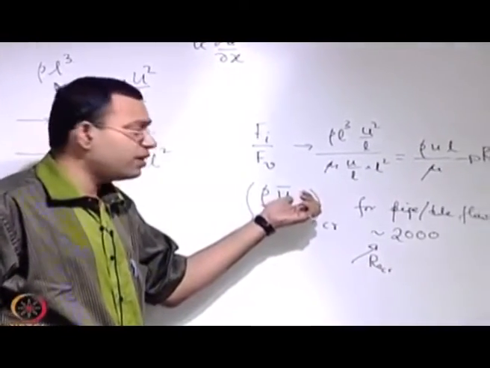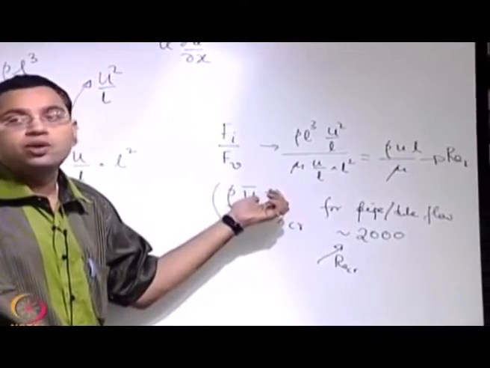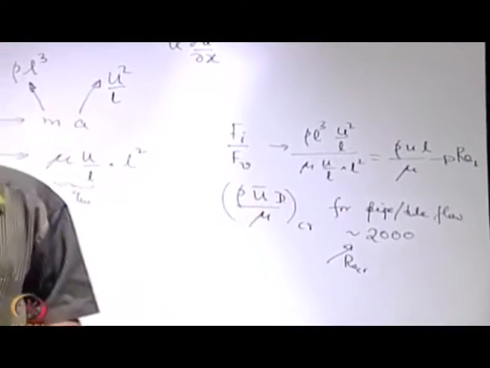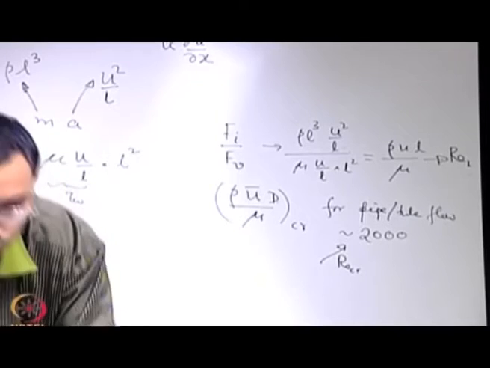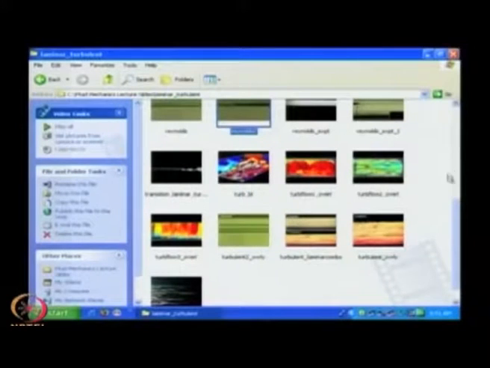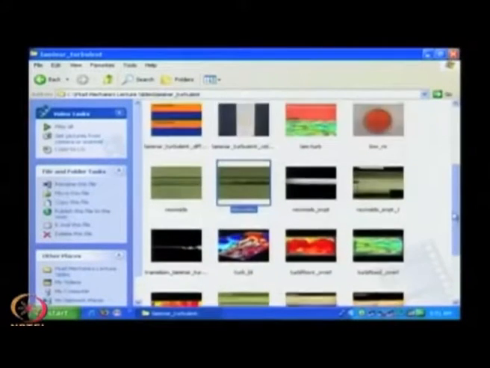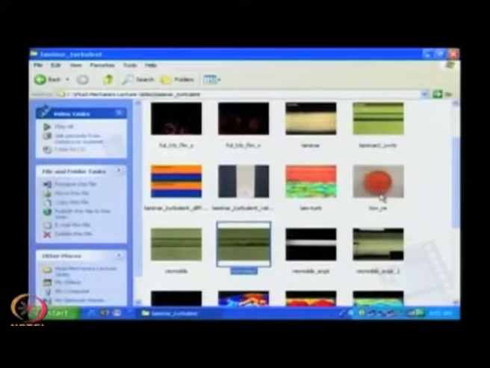If you have very low velocities, obviously the Reynolds number will be low, and let us see what happens. So let us look into some cases where we are looking into the low Reynolds number possibilities.